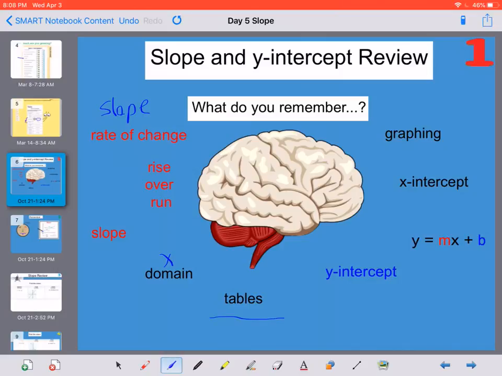Tables, we've talked about drawing a table. Y-intercept, where the line crosses the y-axis. Then slope-intercept form. X-intercept, where the line crosses the x-axis. And graphing, when we draw it on a graph.